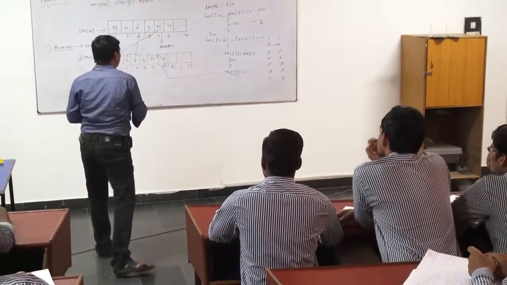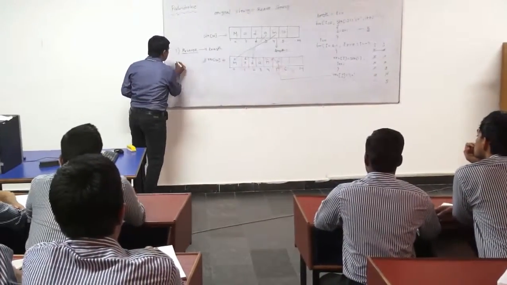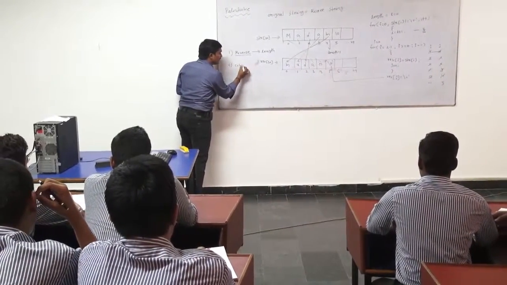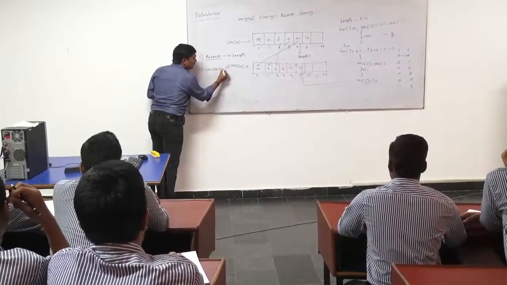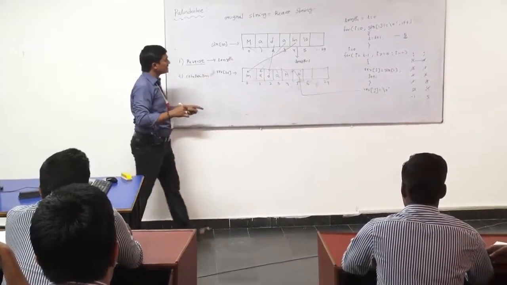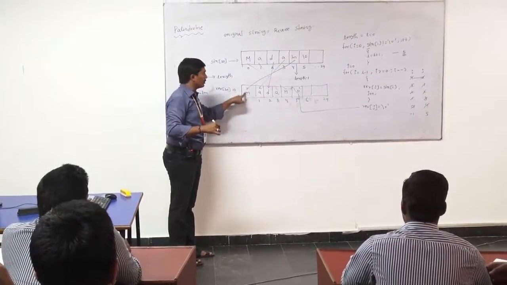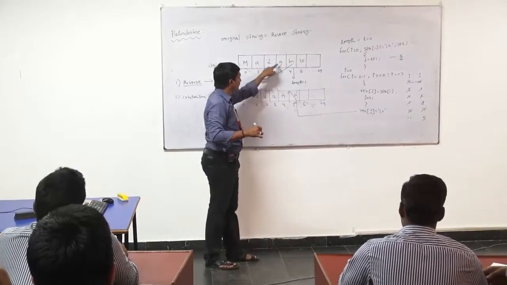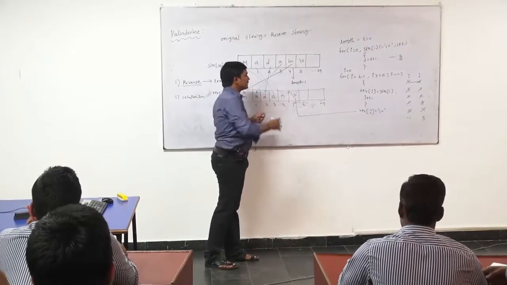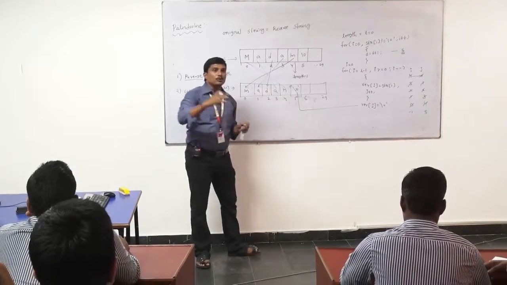Next step is comparison. Comparison starts from location 0 to 0, 1 to 1, 2 to 2, 3 to 3, 4 to 4. This process will repeat up to the null character.